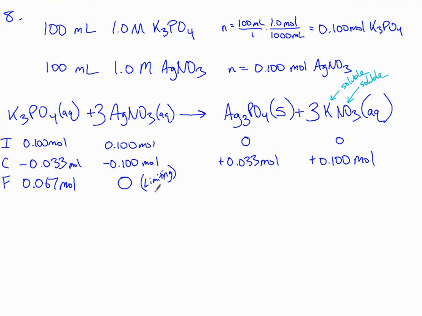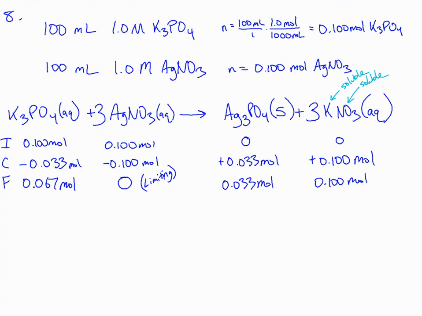So with the silver phosphate, we had none. We added 0.033. Now we have this much. And for the potassium nitrate, we now have plus 0.100 moles. So these are our final concentrations.